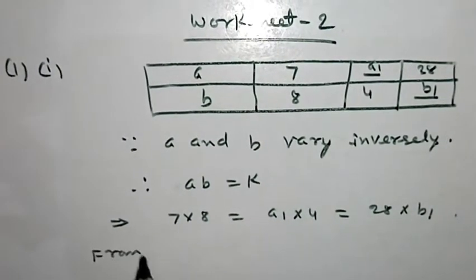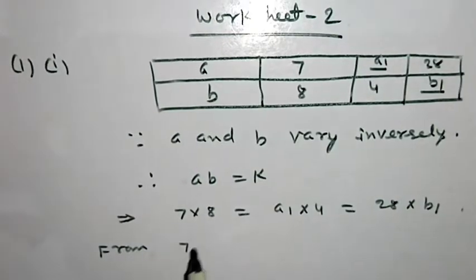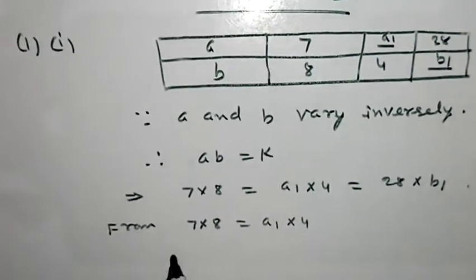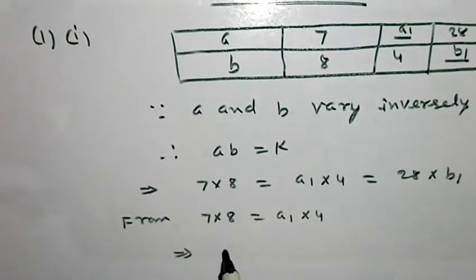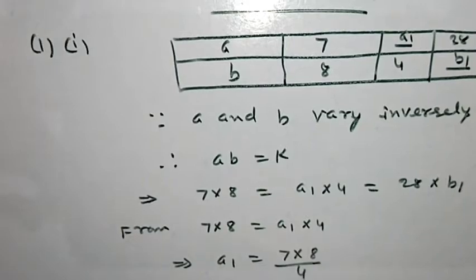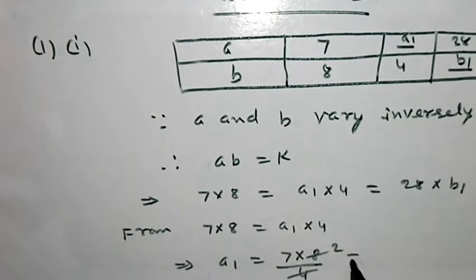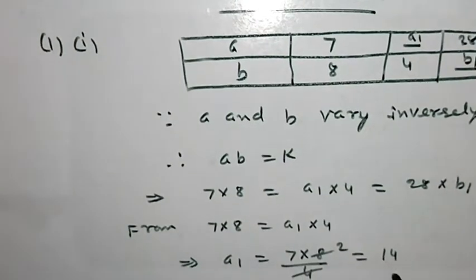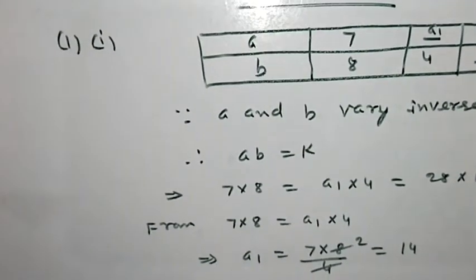Now from 7 into 8 equals A1 into 4, implies A1 equals 7 into 8 by 4. 4 twos are 8, so 7 twos are 14. So the first answer is 14.